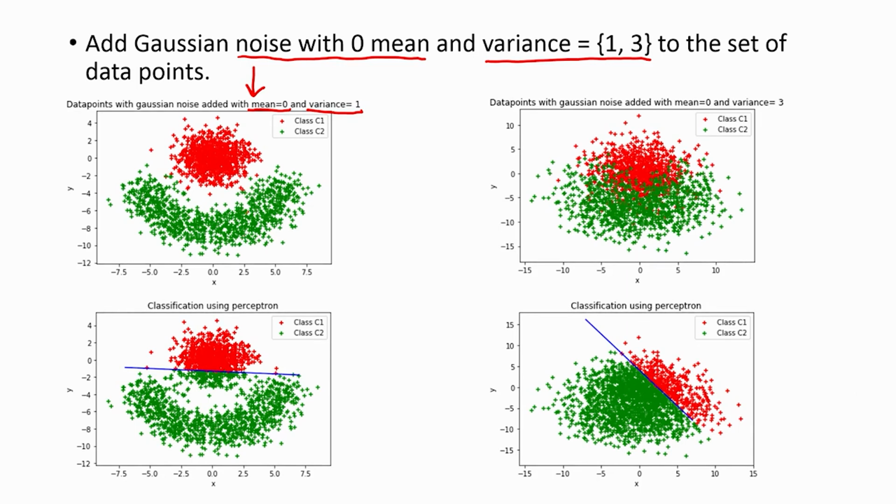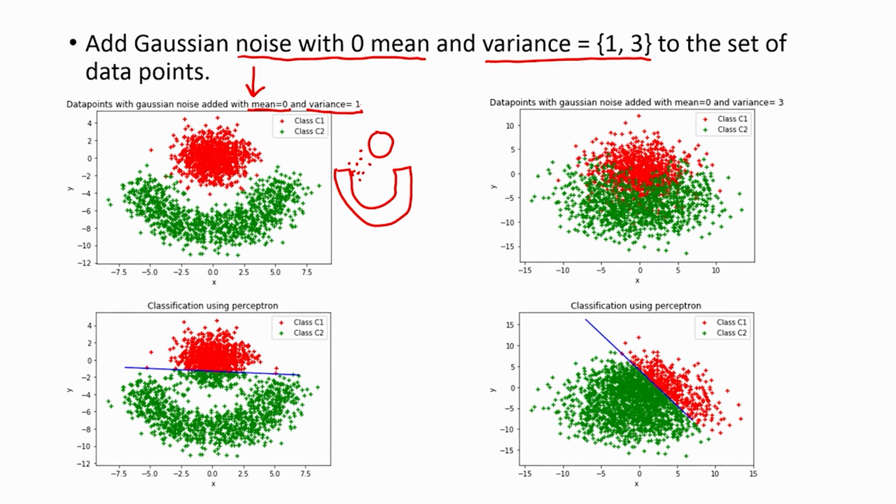Because of this our perceptron algorithm is not able to converge or find a hyperplane that can separate these two classes. Even though the data was initially linearly separable with D equal to 3, with the addition of noise the data points are getting mixed and therefore, they are not linearly separable.